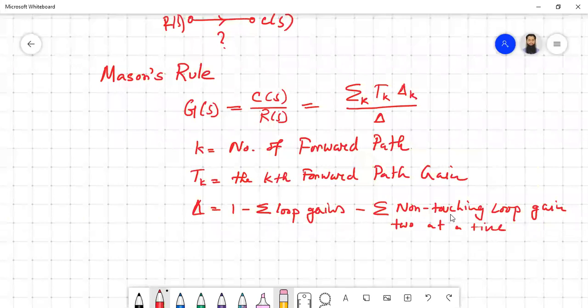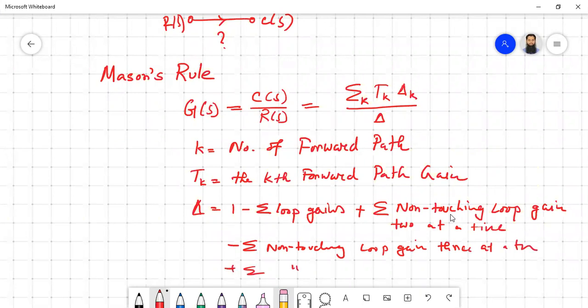Then the signs will be, sorry, the signs will be alternative. So first one is minus, then the plus, then again minus, then summation of non-touching loop gains, three at a time, then plus non-touching loop gains, four at a time. So it will continue as long as we can take.